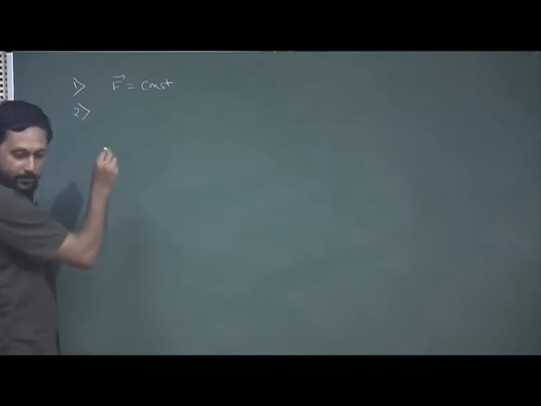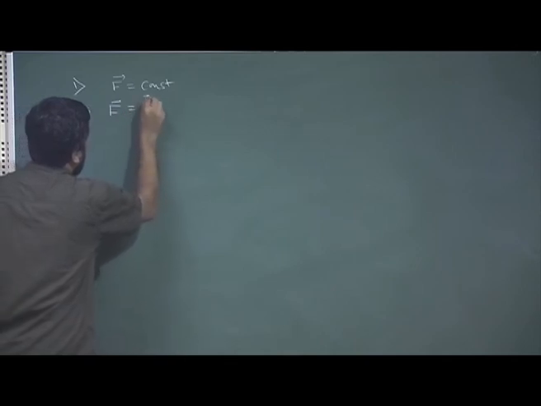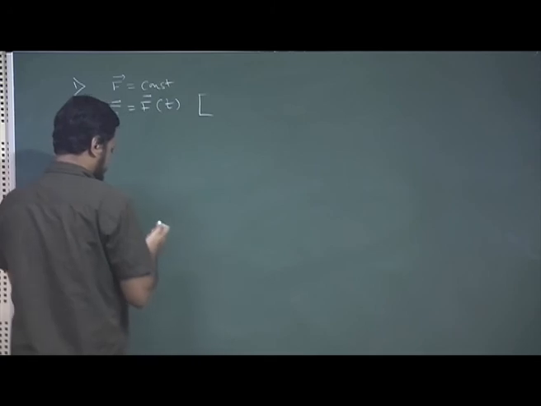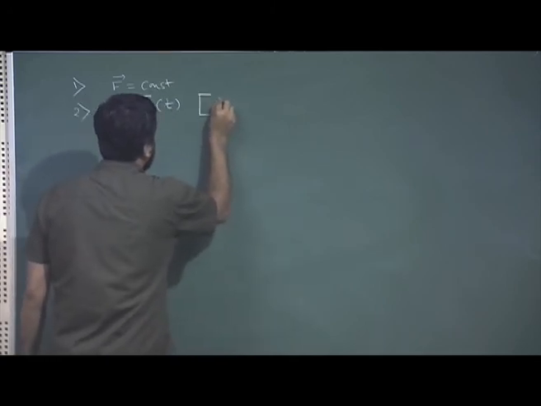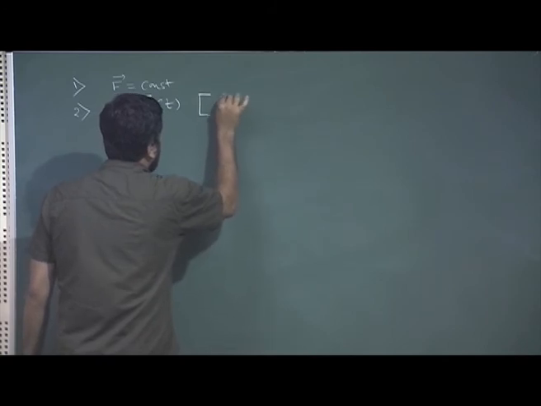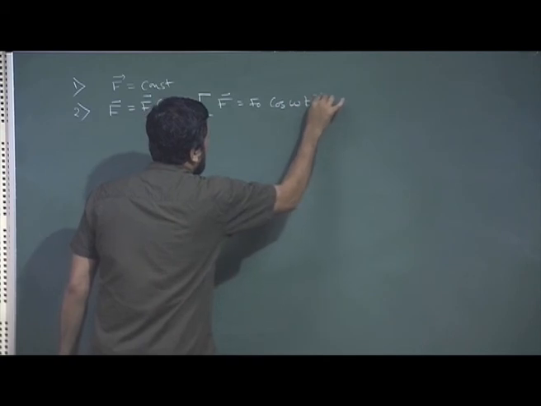Then we have F equal to F of t. An example is, let us say, F equal to F0 cos omega t.